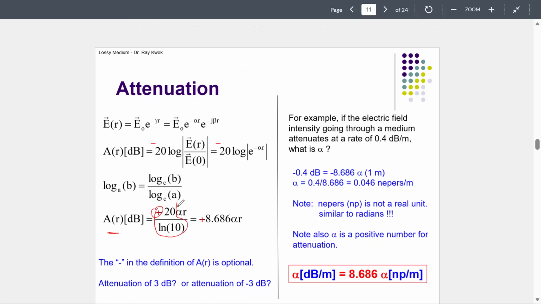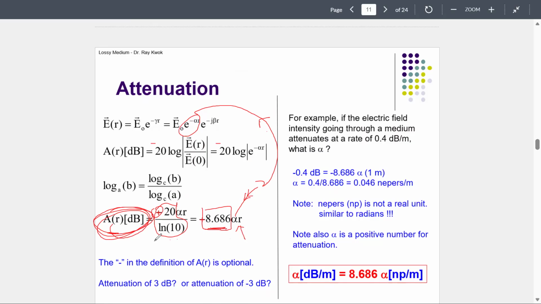20 over ln 10, if you put it in the calculator, you get roughly 8.686. And this is a very useful formula to remember. Let me repeat that. If I want to know the attenuation in dB, that's equal to 8.686 times the attenuation constant in nepers, which I get from the wave equation, times the distance traveled.